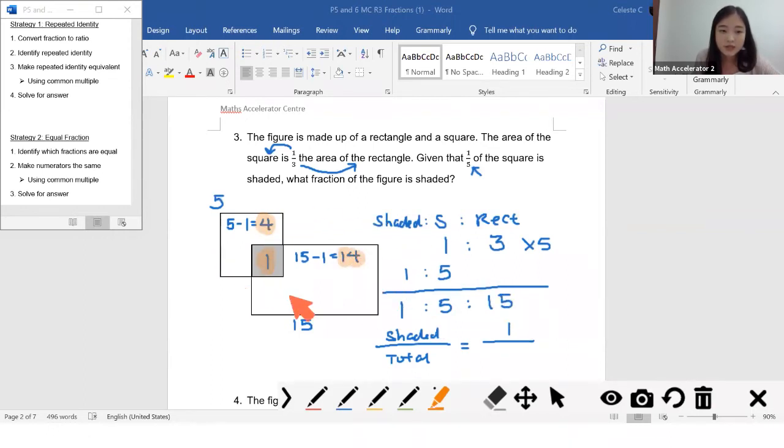Okay, so what do you get here? Anyone calculated already? What is the total units for the figure? Okay, Jaden, Alex, yeah, 19. Right, so the total here, you can write down the working. 4 plus 1 plus 14.